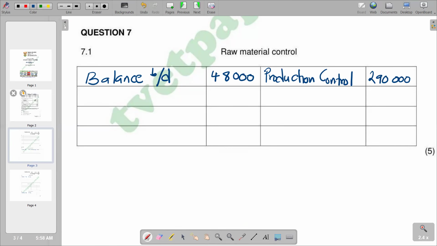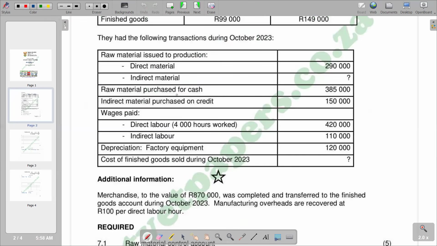Then we move on to the next part whereby we have indirect material. So the indirect material amount is the one that is supposed to be debited to the manufacturing overheads control, and it's a question mark.